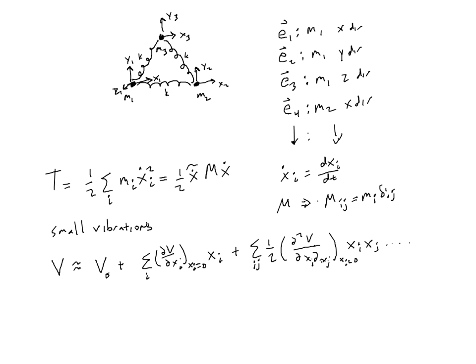Now, here's the thing. We can set V naught equal to 0 because we only really care about differences in potential, so we can say that at the origin there's no potential energy. We also know that the derivative of potential with respect to position is equal to 0.